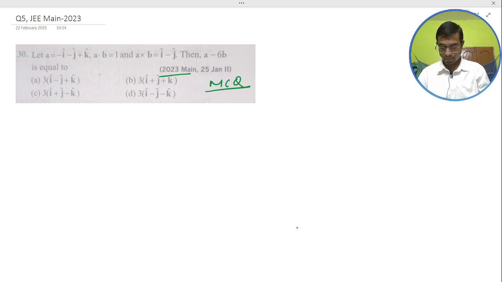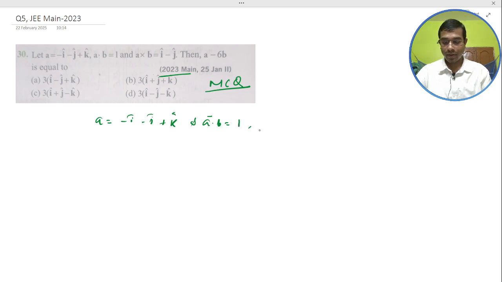Here, you have to find A minus 6B. Given equation: A is minus i minus j plus k, and A · B equal to 1 and A × B equal to i minus j. Equation number 1.